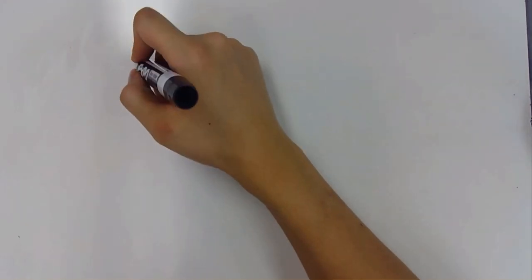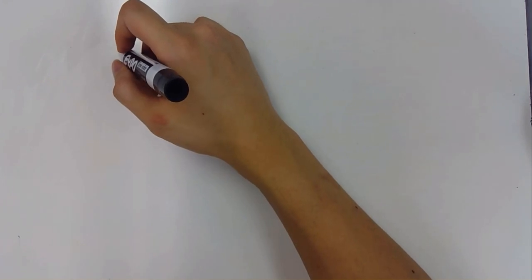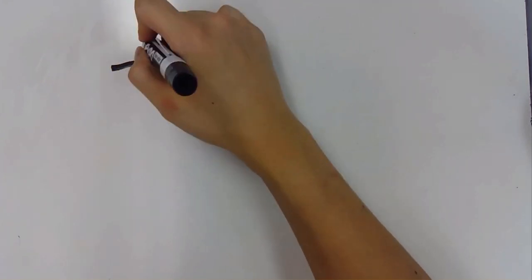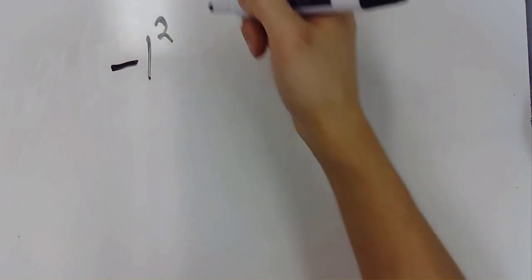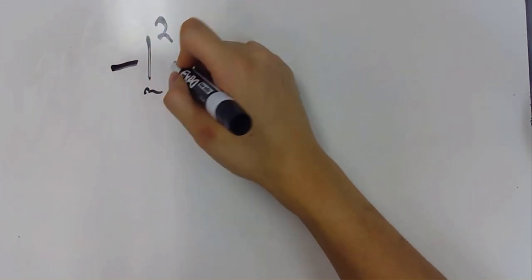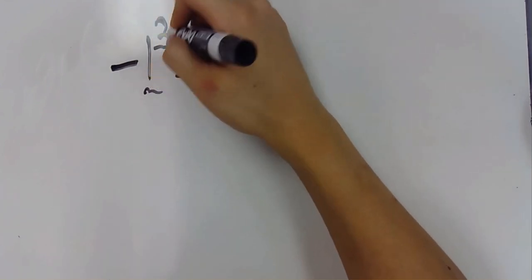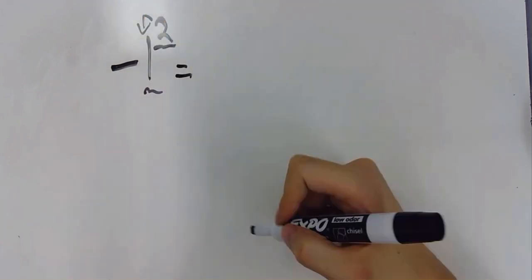One thing that you have to be careful about is when the negative sign is outside of the bracket. So for instance, let's say I have negative 1 to the power of 2, without brackets. Here, the negative is actually not part of this 1. So this squared is only applying to the 1 there.